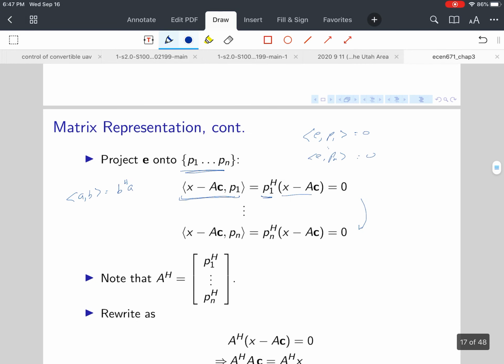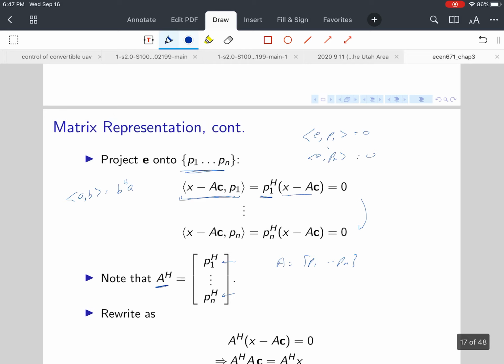all the way down to Pn. Now notice that since A is equal to P1 up to Pn, when we take the transpose and complex conjugate, we have P1^H as the first row of A^H, down to Pn^H.